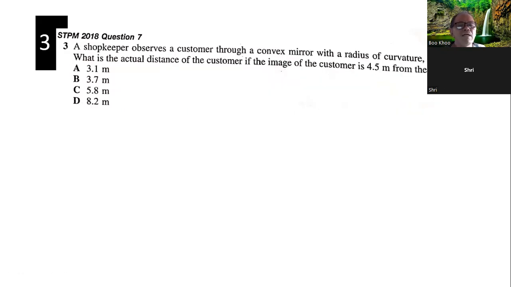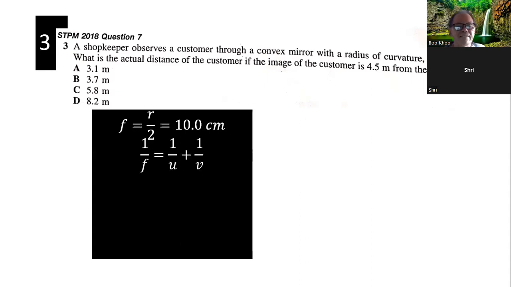A shopkeeper observes a customer through a convex mirror with a radius of curvature 20 meters. What is the actual distance of the customer if the image of the customer is 4.5 meters from the mirror? Donkey also.